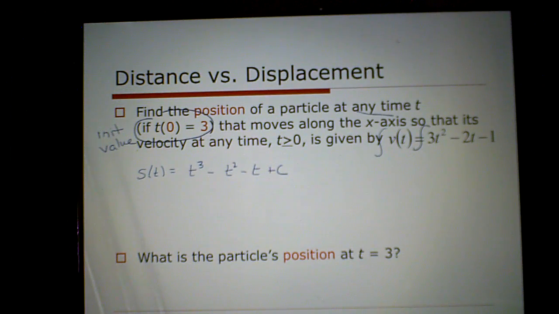Then to bring in my initial condition, when t equals 0, all these t's are going to go out, so hopefully without too much work you can see that this would be 3, because I would be plugging in a 0 for these. So find the position of a particle at any time. There you go.